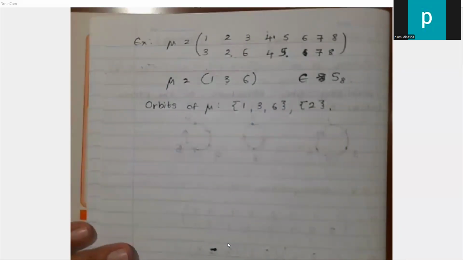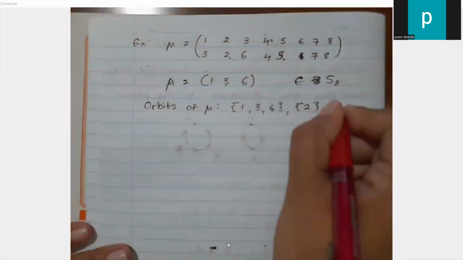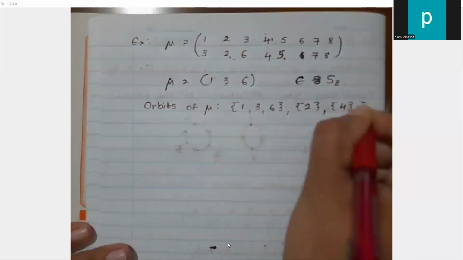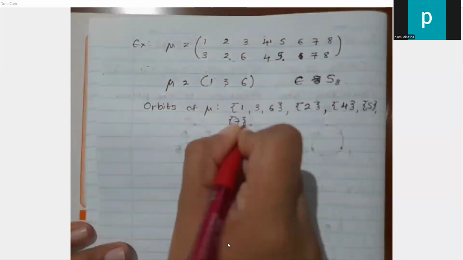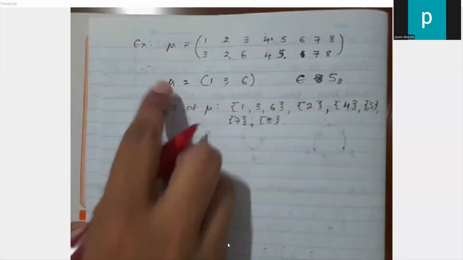So in that orbit you only have the element 2. If you have any fixed element, it will belong in the singleton set containing that element. So we have singleton set {2}, then {4}, then we've got {5}, {7}, and {8}. These are the orbits of mu.